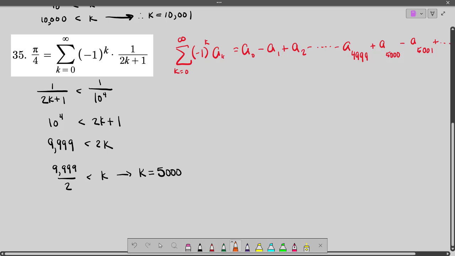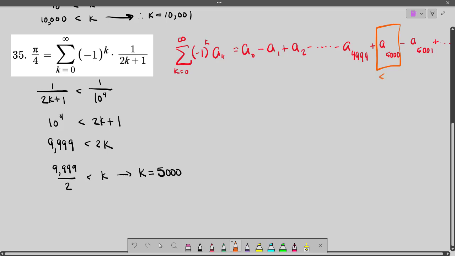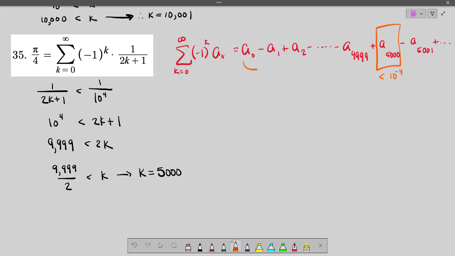When k is 5,000, so this is the k value right here, right? So this is when k is 0, when k is 1, when k is 2. When k is 5,000, we're right here. And that is less than 10 to the negative 4. So we want to add everything in front. We want to add these.